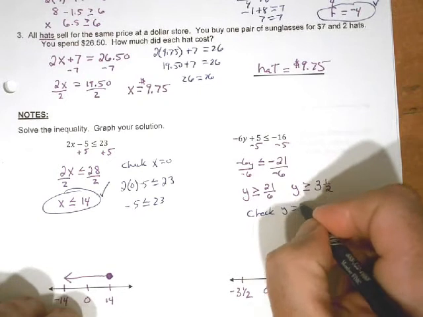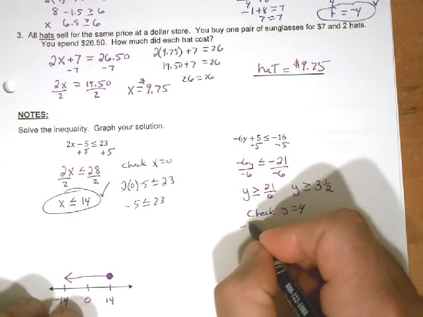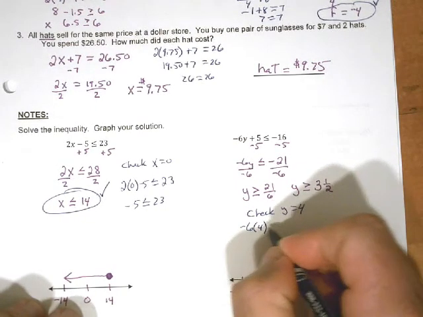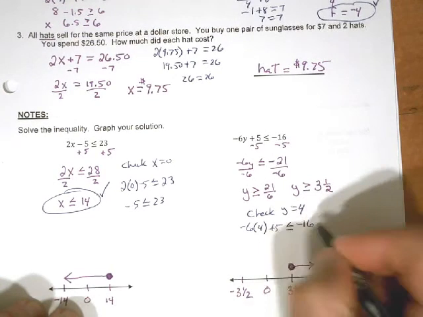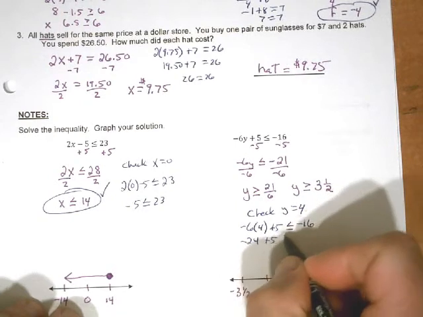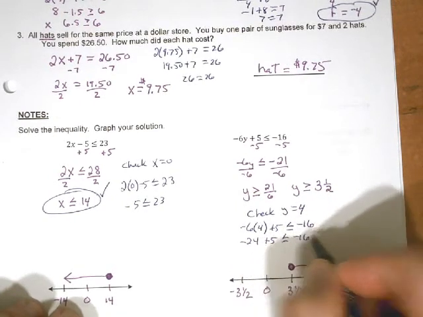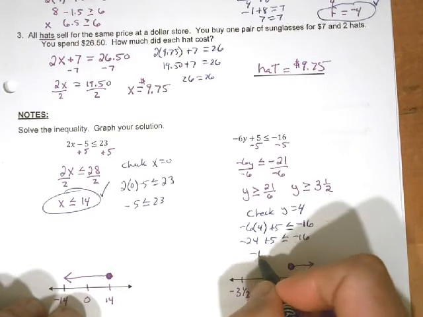So if we've done this correctly, when we check, I'm just going to do the next one. We'll say we do 4, because 4 is bigger than this. That's the next number that's there. Plugging this in, we get minus 6 times 4 plus 5 has to be less than or equal to minus 16. This is going to be minus 24 plus 5, less than or equal to minus 16.